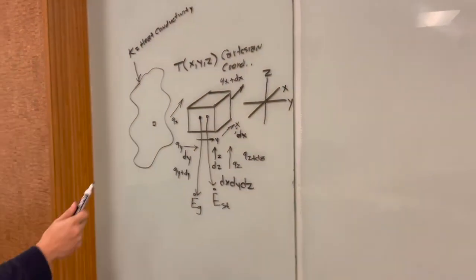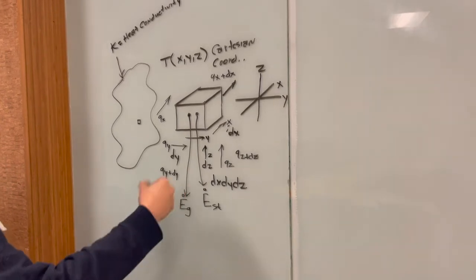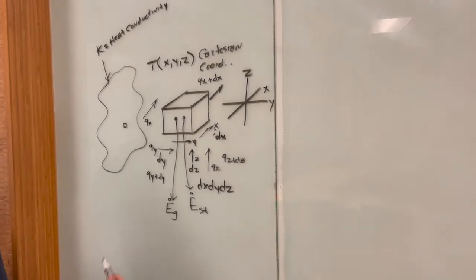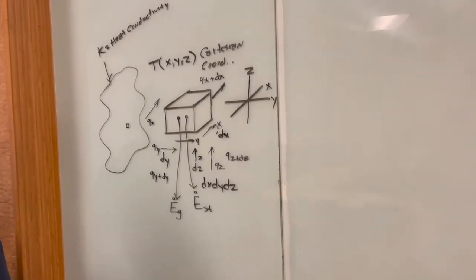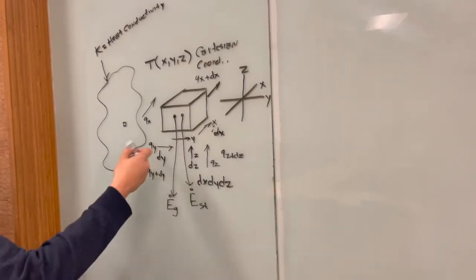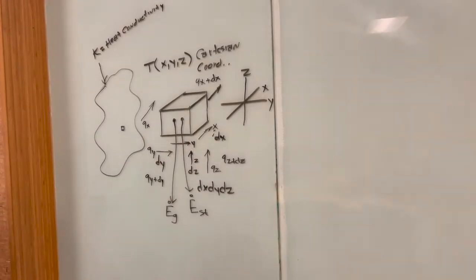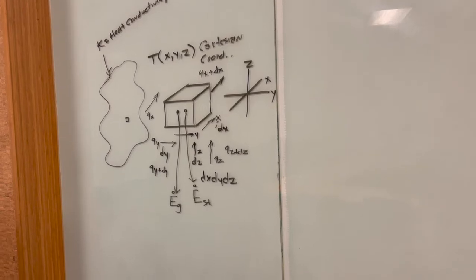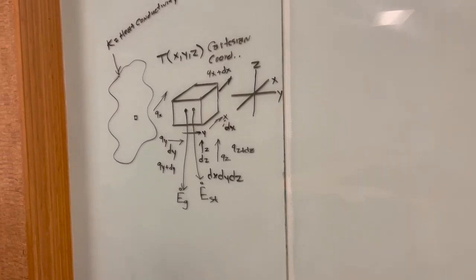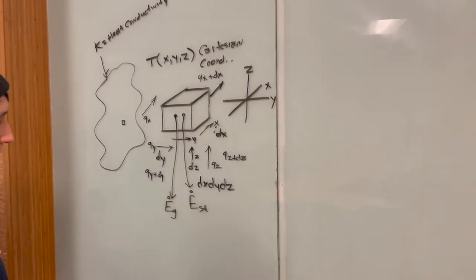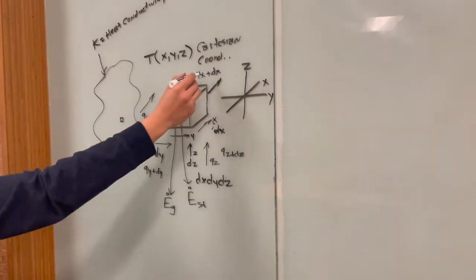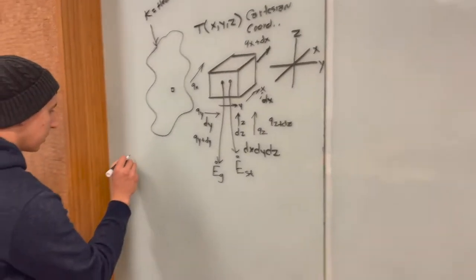They're going to be very important when I relate this heat diffusion equation, and how the heat is being transferred across these planes of the differential volume, with the conservation of energy equation. Now let me extrapolate a little bit more on some of these terms. Okay, so first of all, the Qx plus dx.